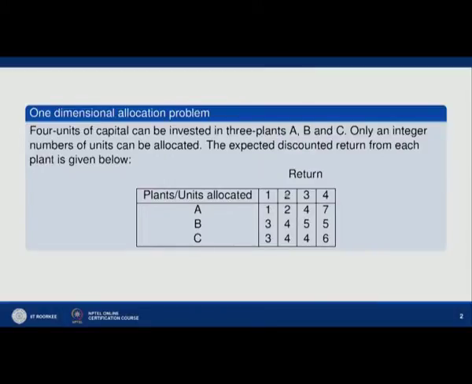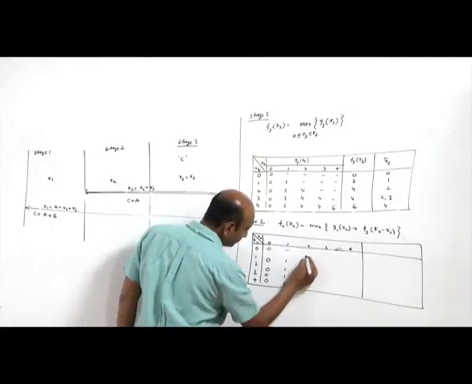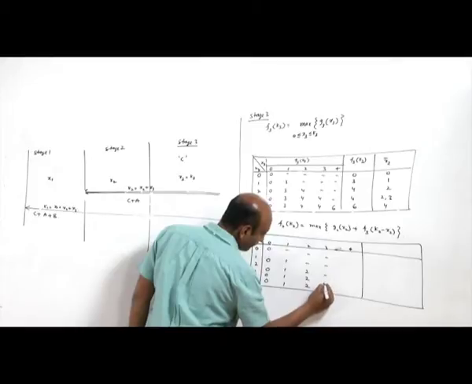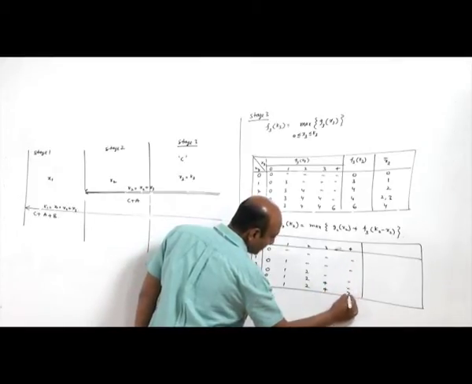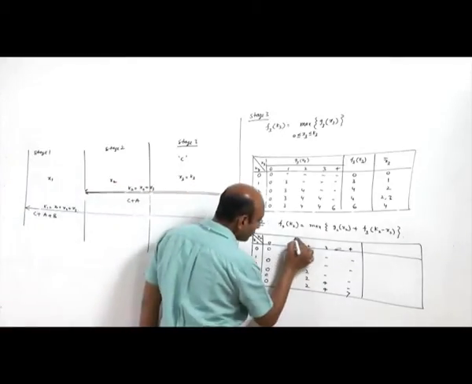If 2 units available, 2, if 3 then 4, if 4 then 7. So it is 1, 2, 4, and 7. So that is G2 X2.